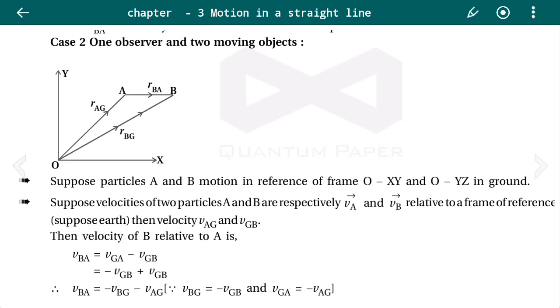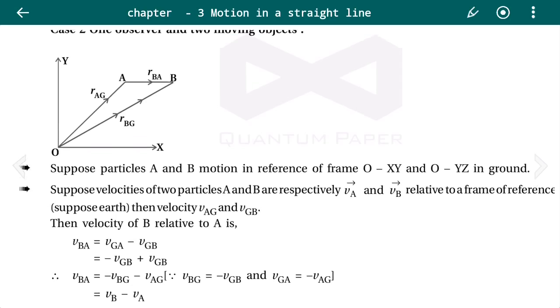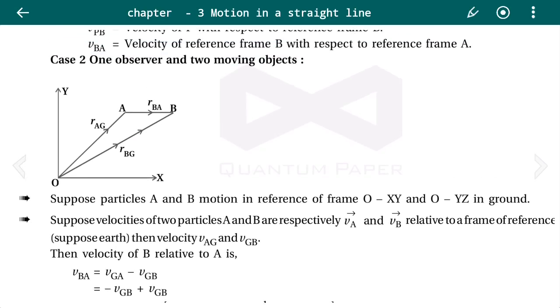Position of particle B with respect to O is rBG, and rBA over here is the distance between the A and B objects. So here the two moving objects are A and B, and the observer is the person standing on the ground, right? That is, the origin is taken as the reference point.